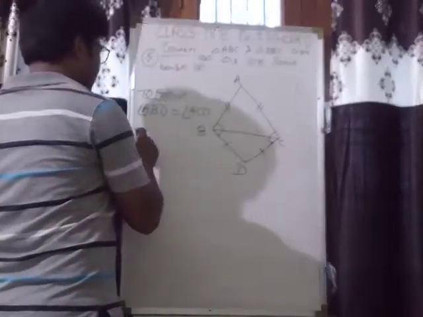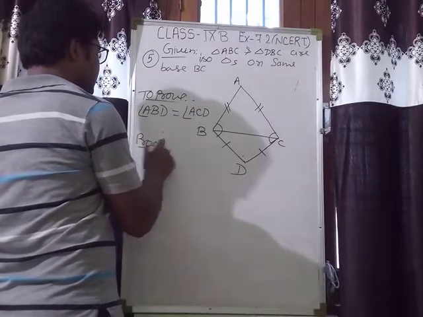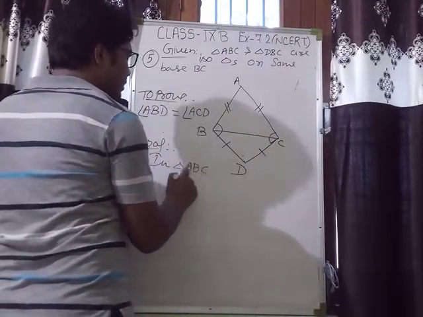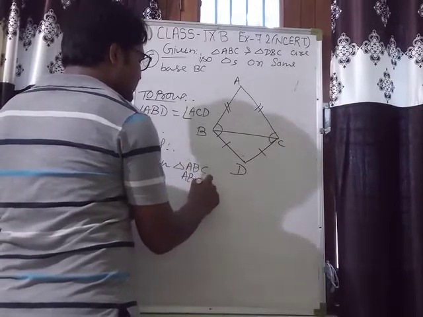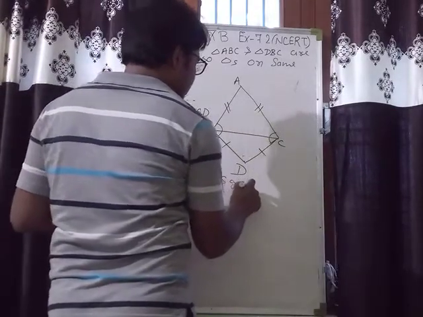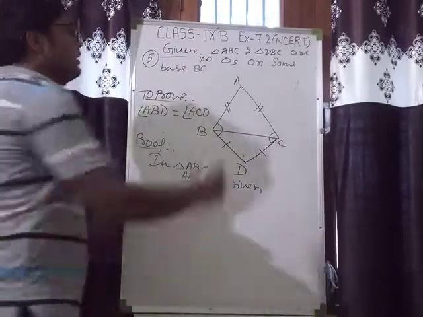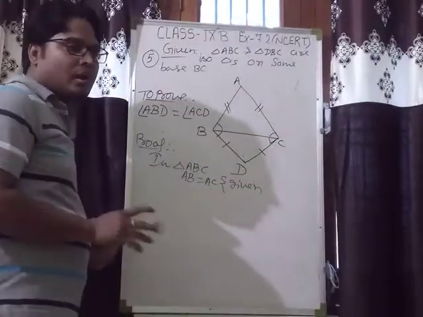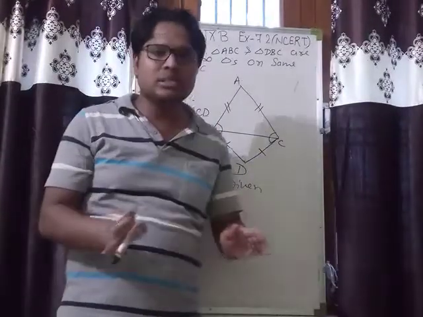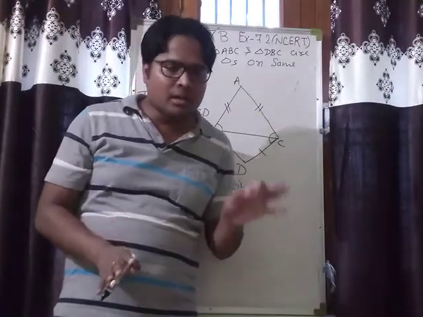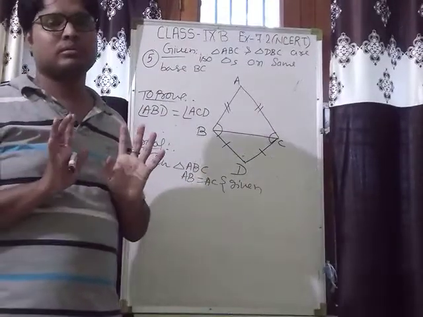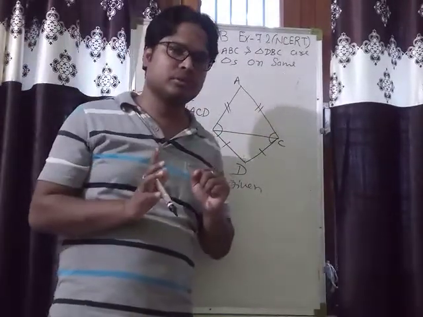See, in triangle ABC, AB equal to AC, it is given. And we know that in any isosceles triangle, angles opposite to equal sides will be equal. We have already proved this theorem.